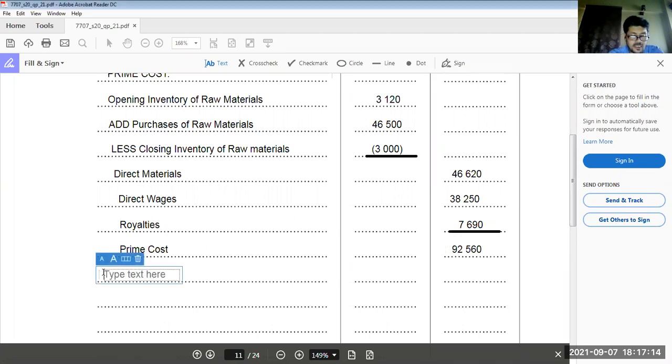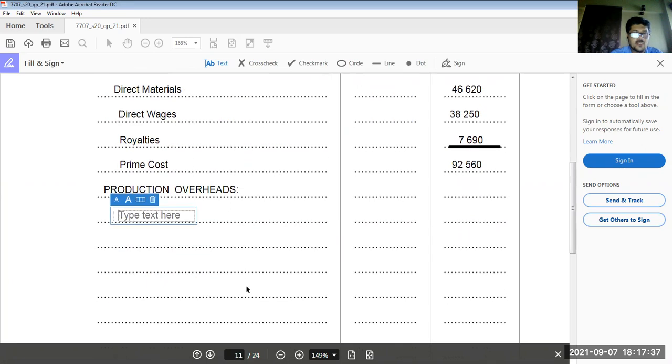Then we have to take production overhead. Production overheads is the heading.